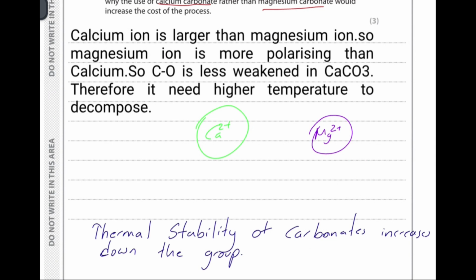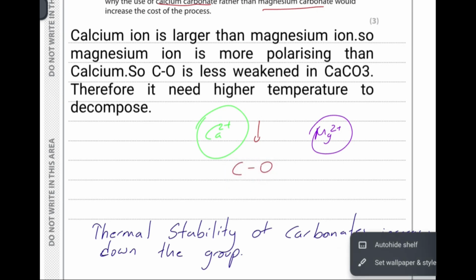The size of the cation increases down the group, right? So the calcium Ca2+ ion is larger than the Mg2+ ion, right? So the polarizing power decreases. So once the polarizing power decreases, it polarizes the C-O bond less, right?